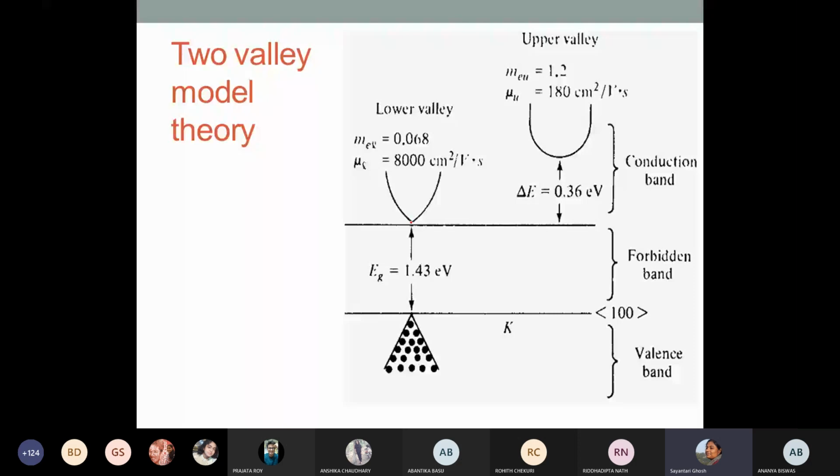So in the EK diagram, conduction bands and valence bands are not just straight lines, they are curvy, wavy lines, and the minima of the conduction band and the maxima of the valence band lie at the same value of wave vector K. That is the special property of a material like gallium arsenide.